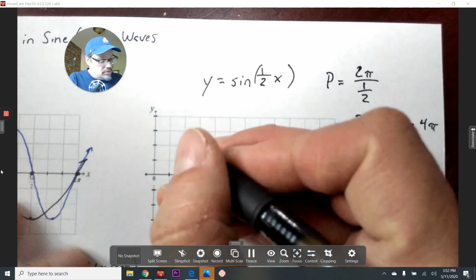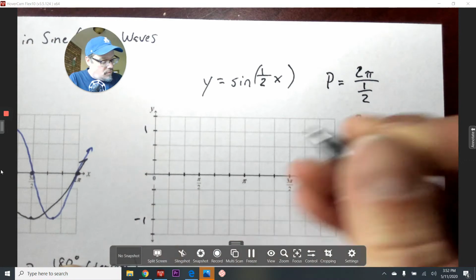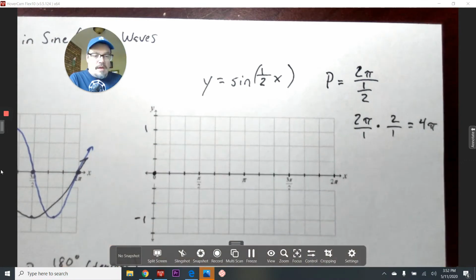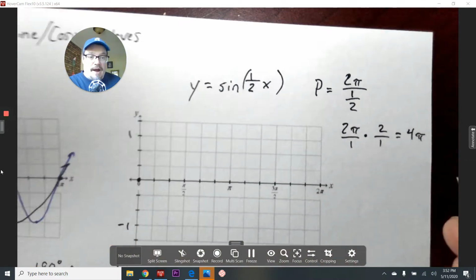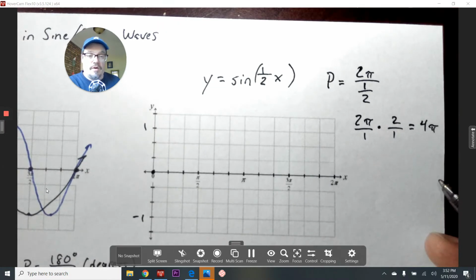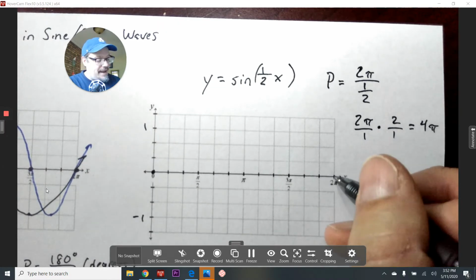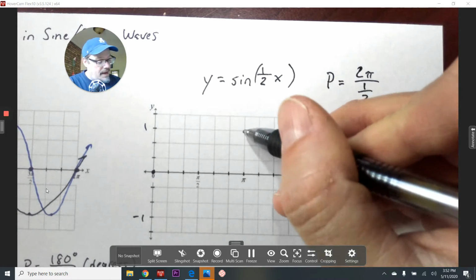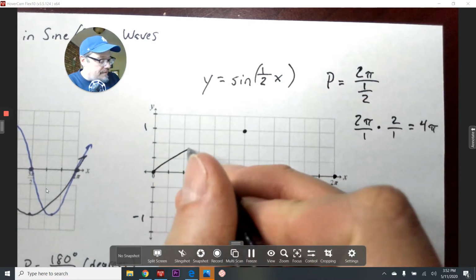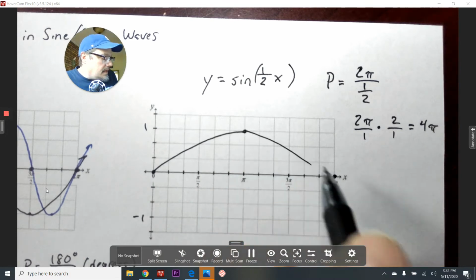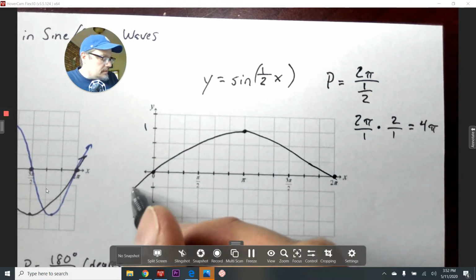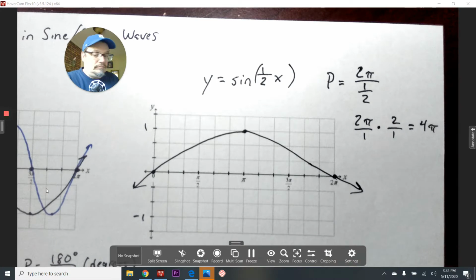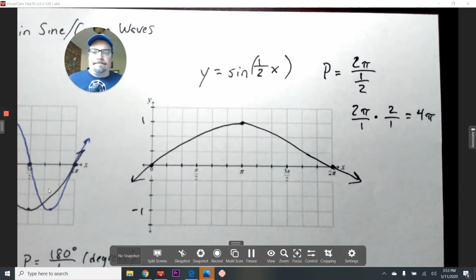So if we label this 1 and -1, I go from 0, but 4 pi is way down here. So I know that this is my halfway mark. So this means I will reach my peak at pi. So all I can graph for this is a sine wave that looks like this.